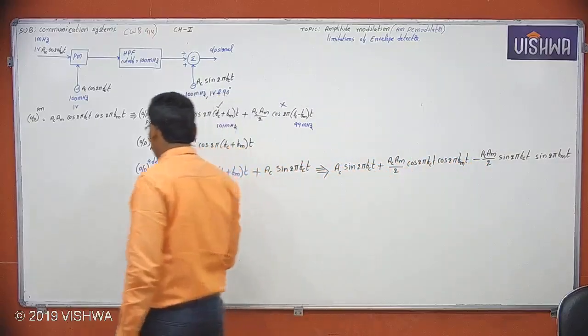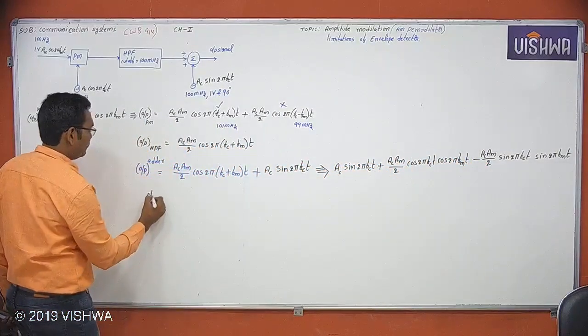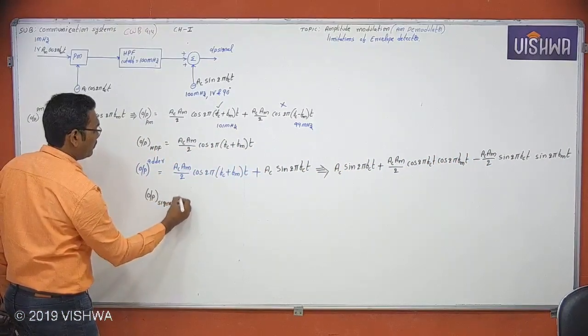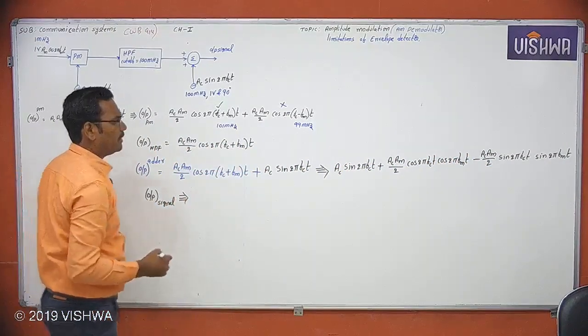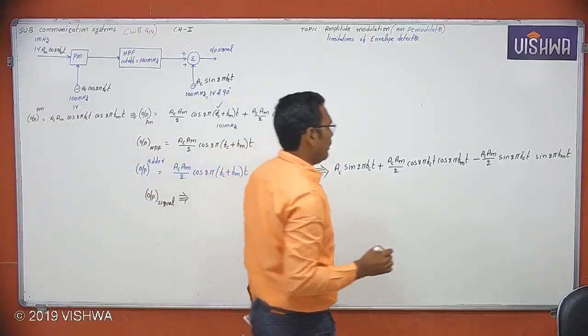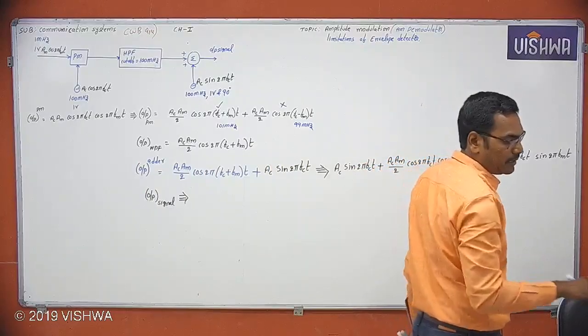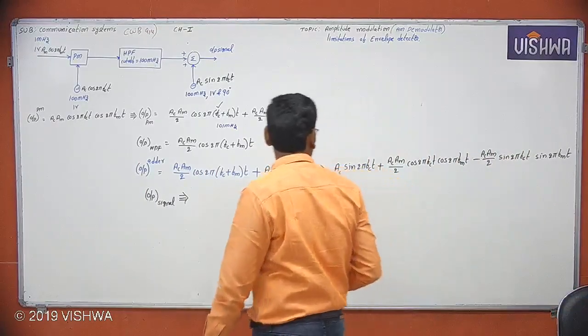Now, finally, the output signal is, here sin 2 pi Fc t is taken as common.